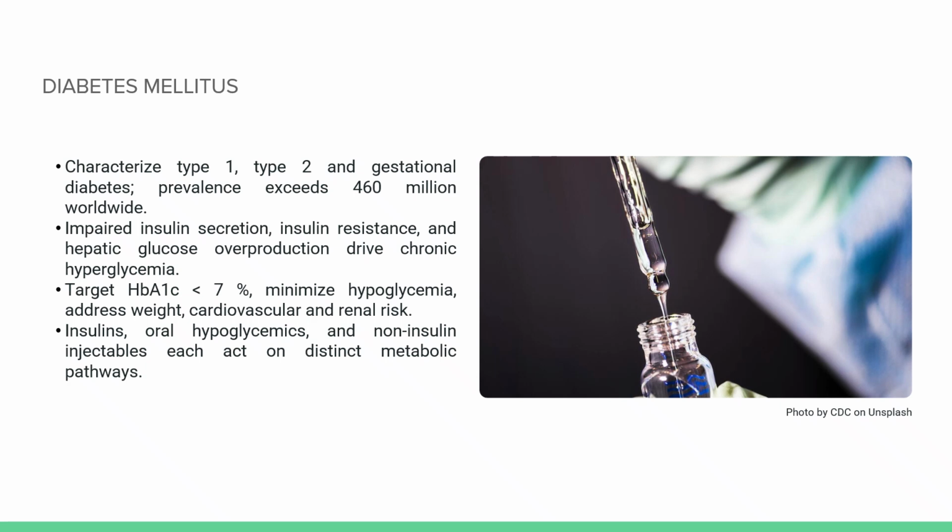And finally, in the case of renal risk, long-term diabetes can damage the kidney and it results in diabetic nephropathy. Treatment strategies should protect kidney function and prevent progression to kidney failure. As a solution to these cases, we can use different classes of therapies like insulin, oral hypoglycemic agents, and non-insulin injectables. Each acts on distinct metabolic pathways.